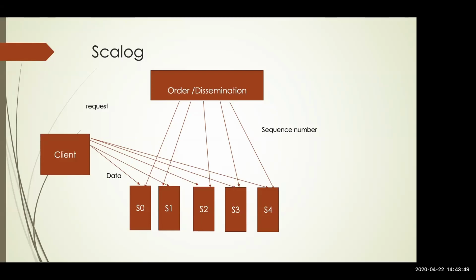Even if a shard is finalized or added or removed, the ordering layer maintains the previously sent cut by that shard, and sends the same to the other shards, in case, suppose, this S4 is down. We'll see it in more detail later.